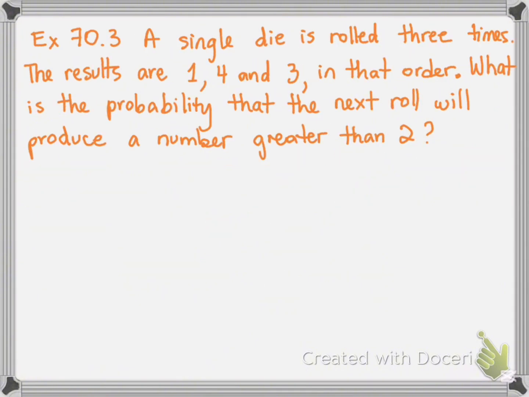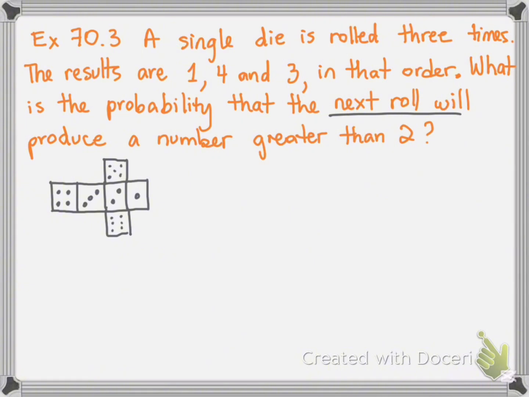Let's look at this example. It says a single die is rolled 3 times. The results are 1, 4, and 3 in that order. What is the probability that the next roll will produce a number greater than 2? Now notice that in this case, since we're working with a die, we have 6 different faces with numbers from 1 through 6. Again, the first 3 rolls don't affect at all the next roll.